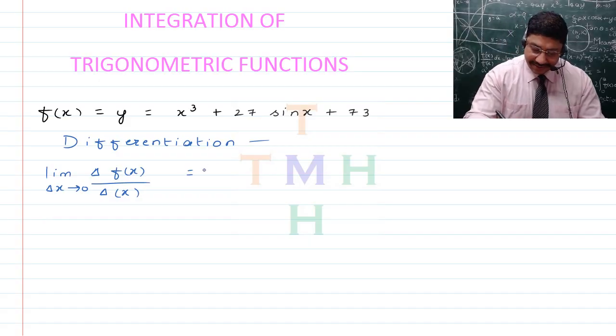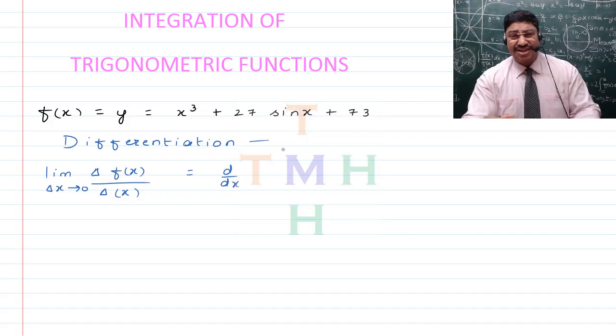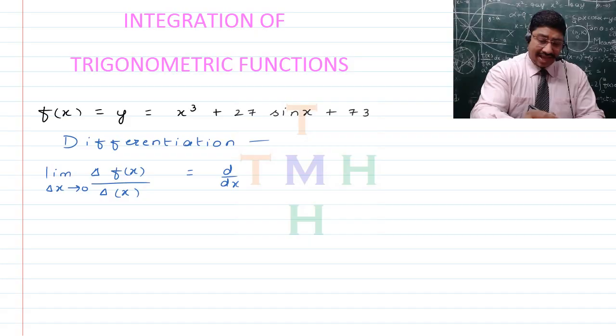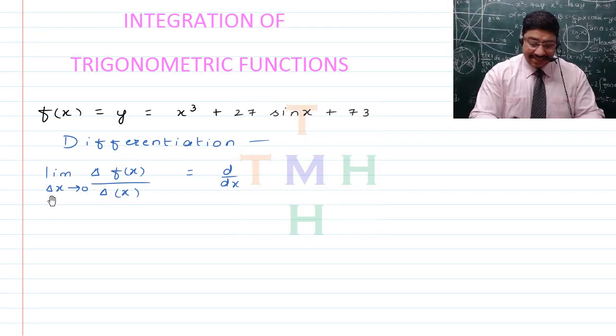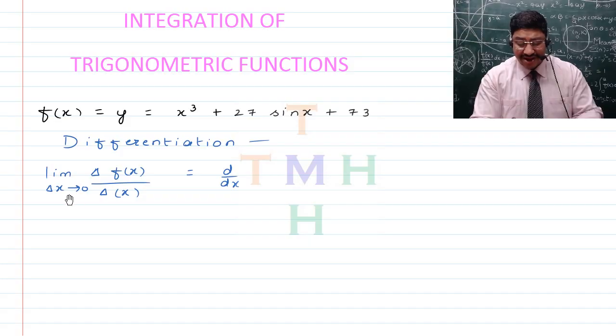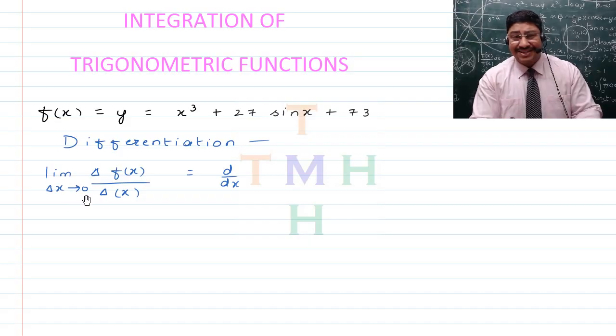This is written simply as d upon dx, where d shows that the change in the value of the independent variable is taken to be infinitesimally small. And delta x, the change in the value of x being infinitesimally small, is represented by writing an arrow showing that it is approaching 0.